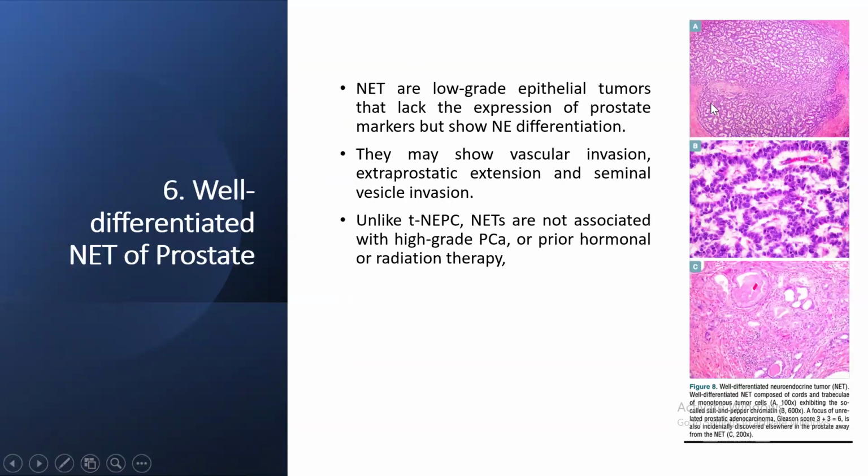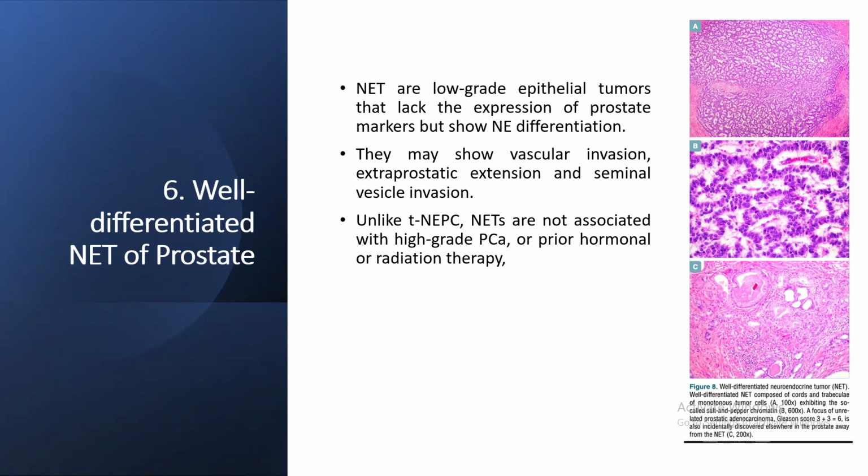Then we have neuroendocrine tumor, which is a pure neuroendocrine tumor that's very rare. This well-differentiated neuroendocrine tumor needs to be distinguished again from the neuroendocrine prostatic carcinoma. The reason being, these neuroendocrine tumors can also show extraprostatic extension. They may show vascular invasion, and they may show seminal vesicle invasion.